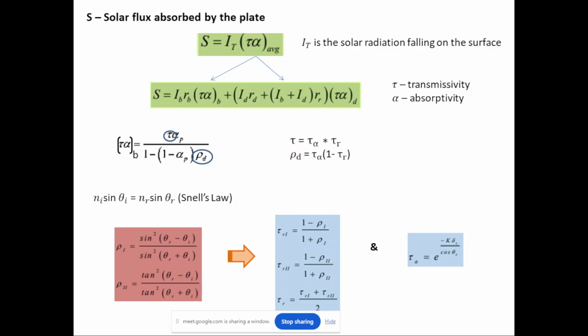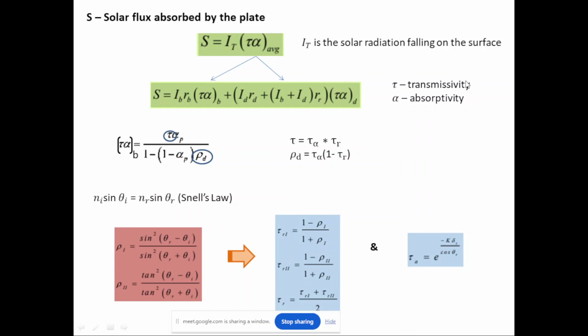Some amount of the radiation will be reflected, bounced back, and some will transmit through the surface. So the incident radiation has three components: transmission, absorption, and reflection. So each one will have its own coefficient.